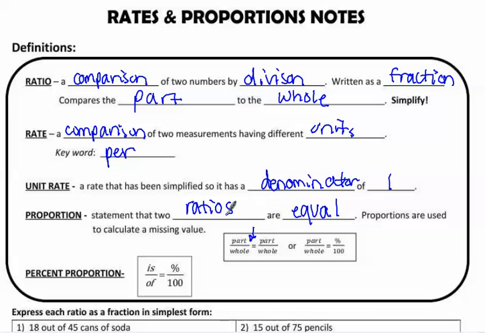That is the definition of a proportion. It also can be written as part over whole equals a percent over 100. A third way, a percent proportion can also be written as is over of instead of part over whole.